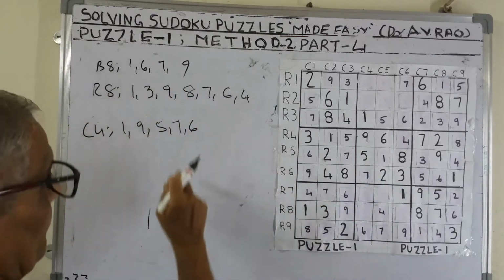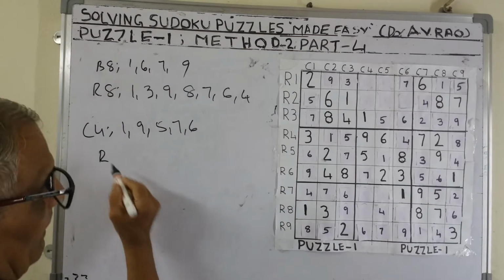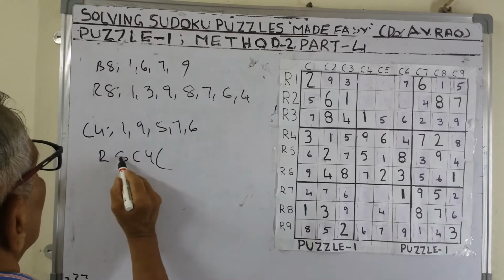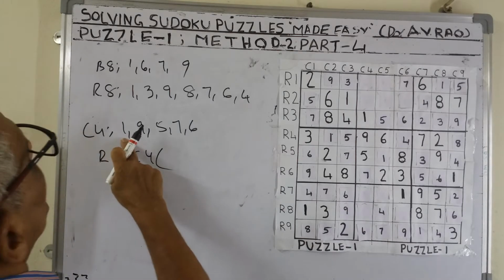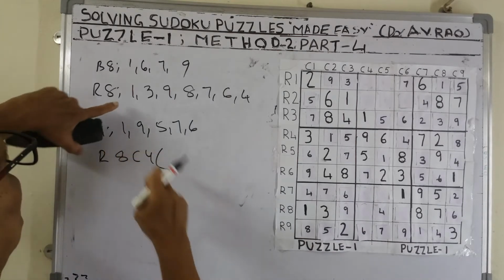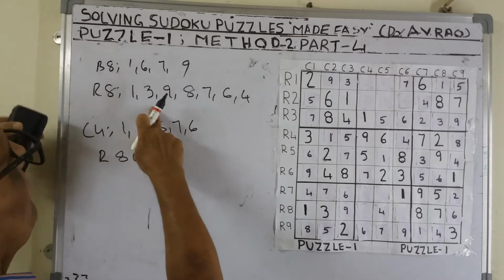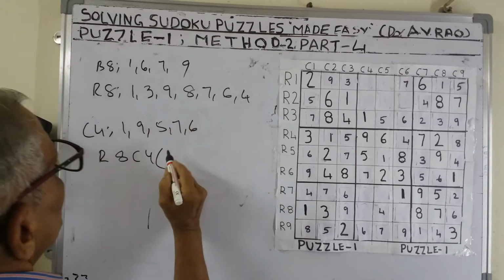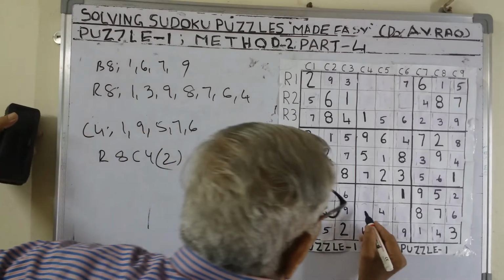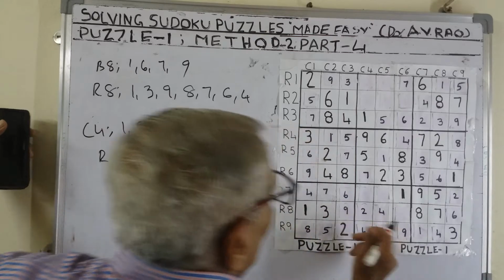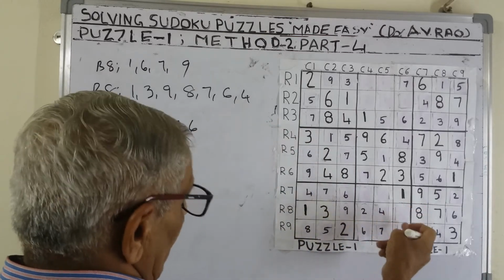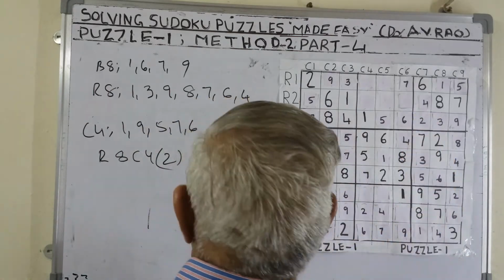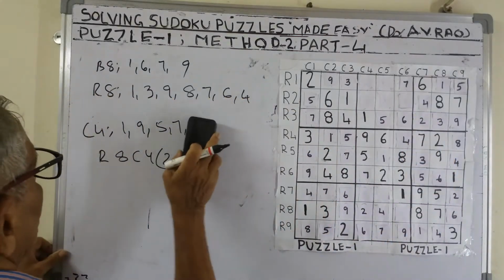This is R8 C4. Which number is not there? 1 is there, 2 is not there, 3 is there, 4 is there, 5 is there, 6 is there, 7 is there, 8 is there. So it must be filled with 2. Let us write 2 here. Now the only number left is 5, which we could fill in as it is, but we have to see the series, that is why let us write completely.